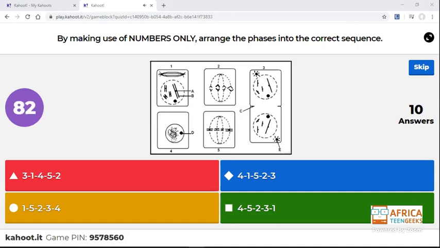Okay. Thank you. Don't use those things here, guys. Don't use emojis.